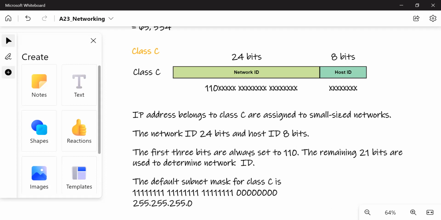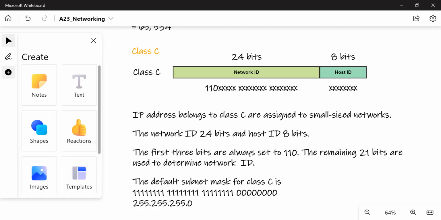Okay, so let's look at now the number of addresses we can have. Before that, let's talk about the IP ranges.